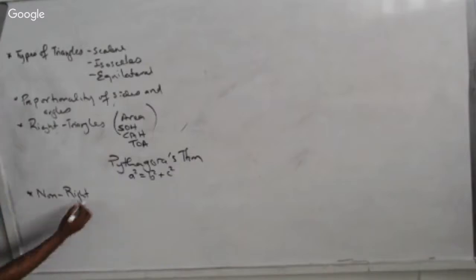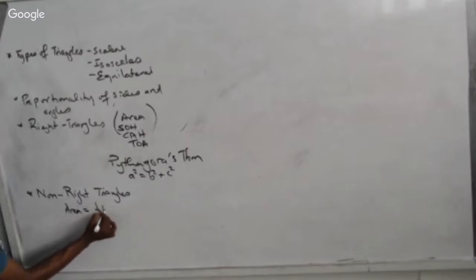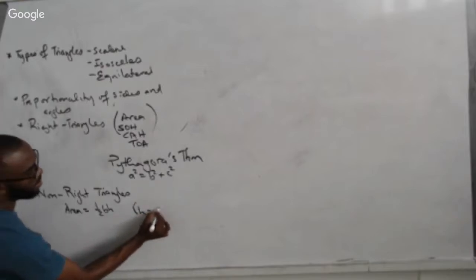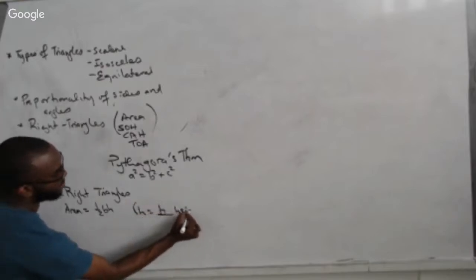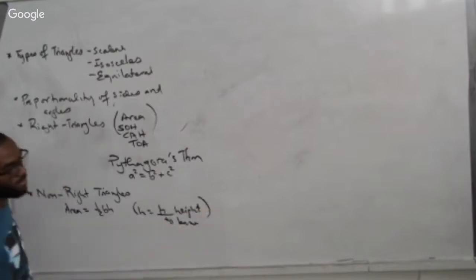Right, non-right triangles. What do we learn in non-right triangles? We learn the area. We learn that area can also be half base times height, just like right triangles. However, height equals perpendicular height to the base. Remember that? That's a key.